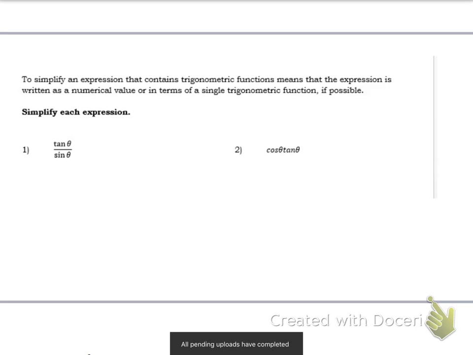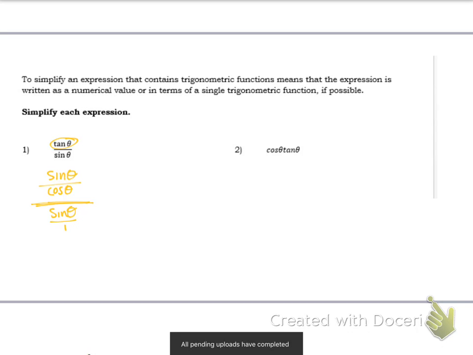So for our first one here, you have to look at your identities and see what you can replace. If I look at tangent, I know tangent also represents sine over cosine. So if I rewrite it, it is now sine over cosine, and then over my big fraction bar we have sine still on the bottom. Dividing is the same as multiplying by its reciprocal, so right now it's over 1.